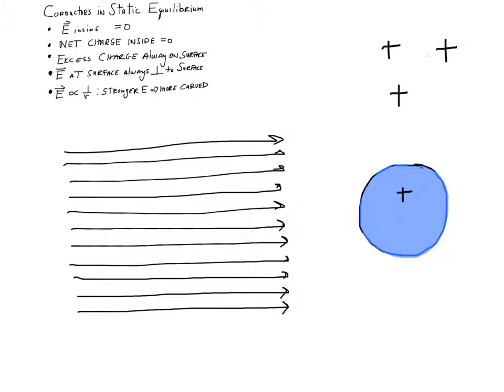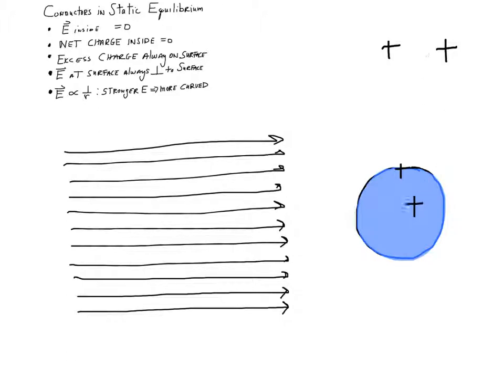So basically, as an electron moves, now another electron comes, and electrons are going to keep moving inside the conductor until the excess charge gets to the surface. And once it's at the surface, it can't move any further because it can't go off the surface. It's free to move inside the conductor, but once it's at the surface, it's going to be fixed in place.